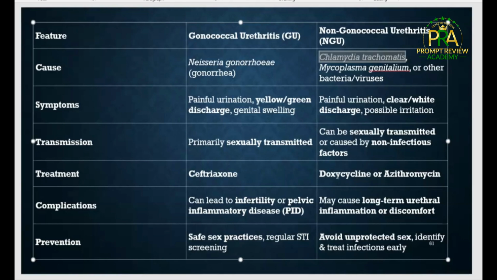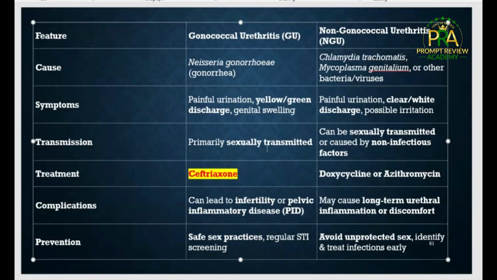Okay, so when you have a question on the treatment for gonococcal and non-gonococcal, if it is gonococcal urethritis, the answer will be ceftriaxone because you are treating them for gonorrhea. And we say that it is transmitted by what?